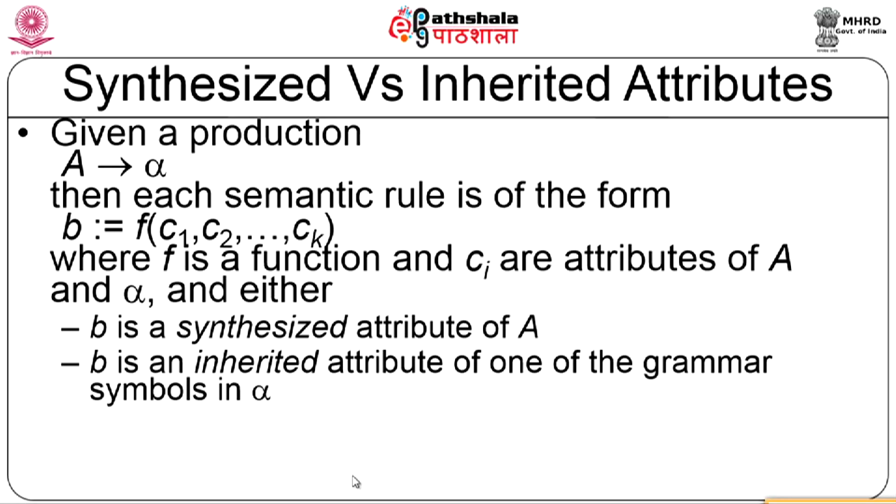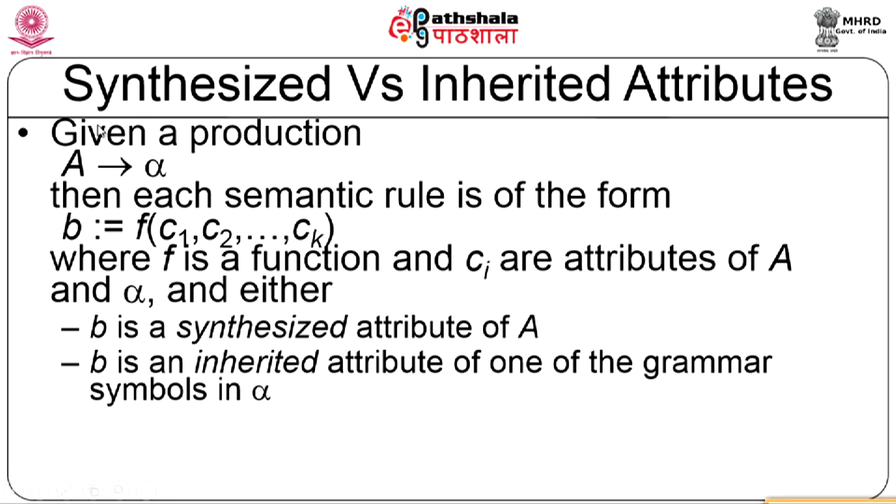So, for example, take a production A produces alpha, and suppose you have a semantic rule for this particular production as B := f(C1, ..., Ck), where f is a function and Ci are attributes of A and alpha. In that case, B is a synthesized attribute of A, and B is also an inherited attribute of one of the grammar symbols in alpha.